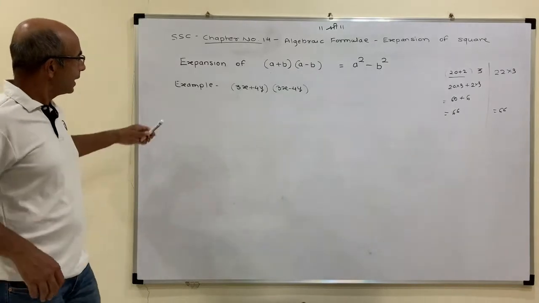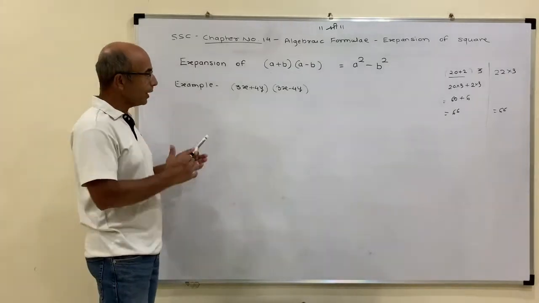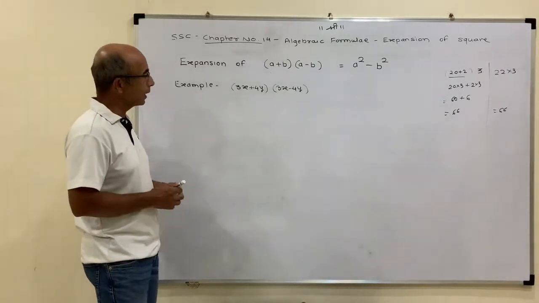What is the example? (3x plus 4y) into (3x minus 4y).